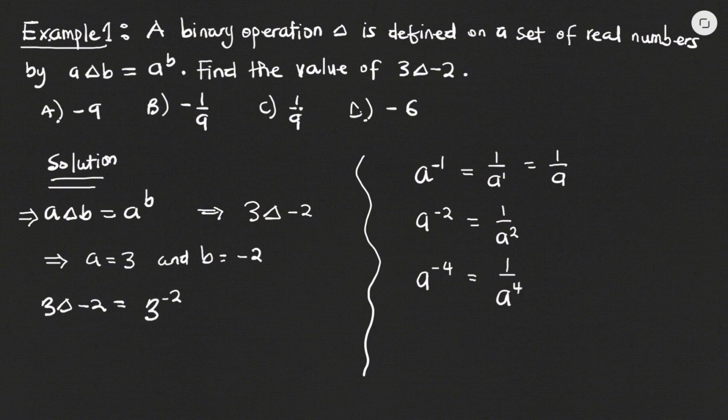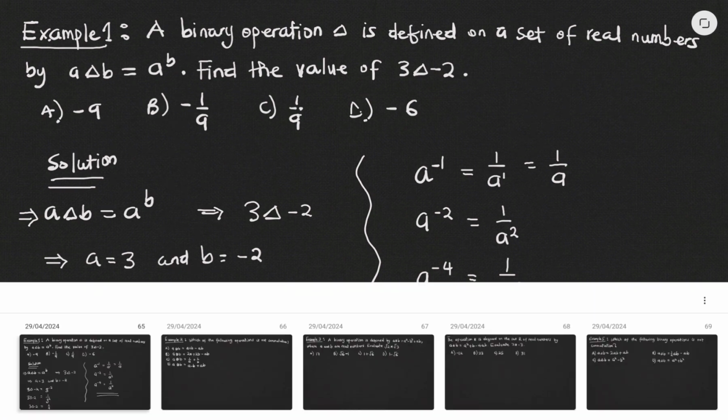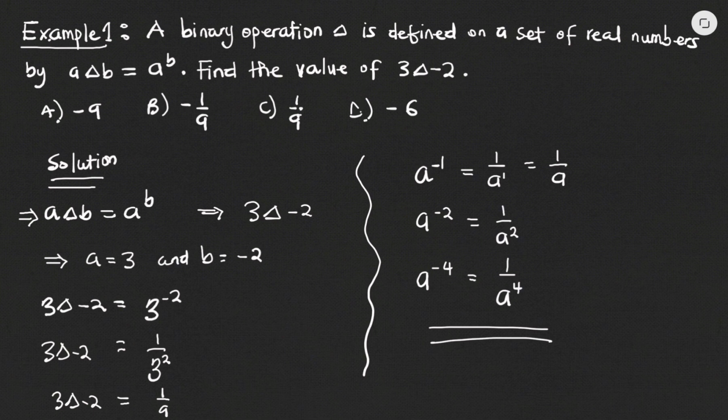So looking at this as a reference, 3 operation negative 2 is equal to 1 over 3 raised to the power 2, and 3 squared will give me 9. So my final answer is 1 over 9, and that is option C over here.